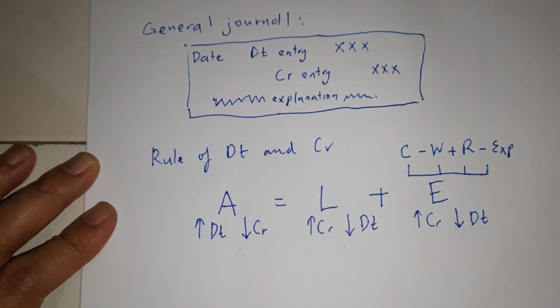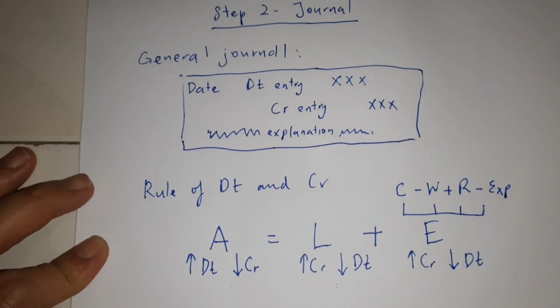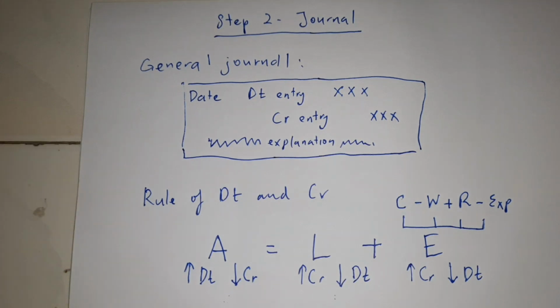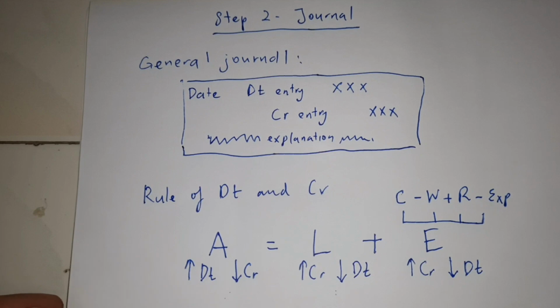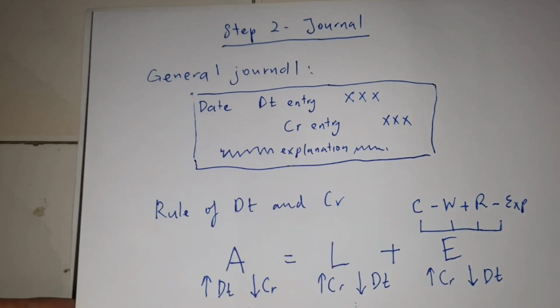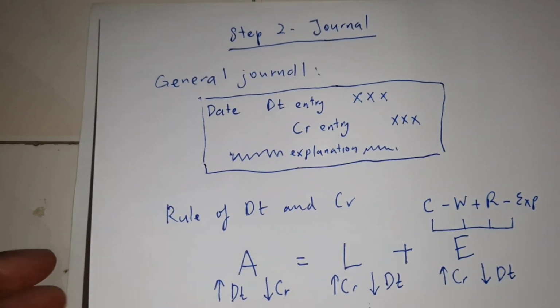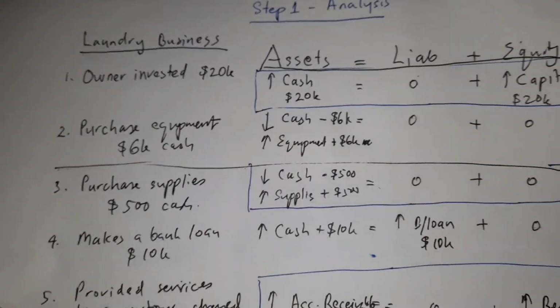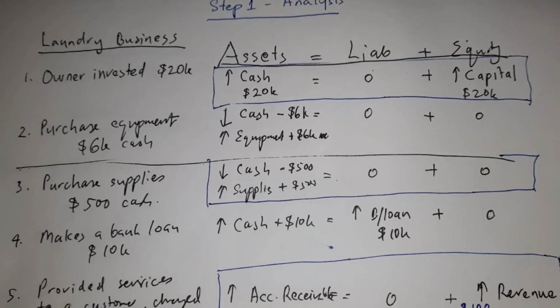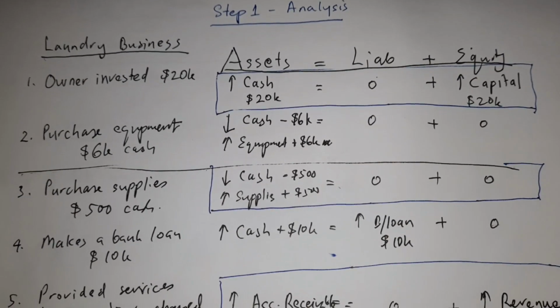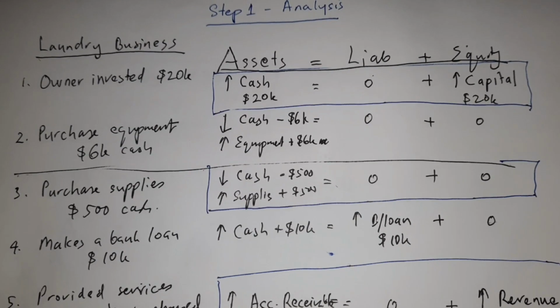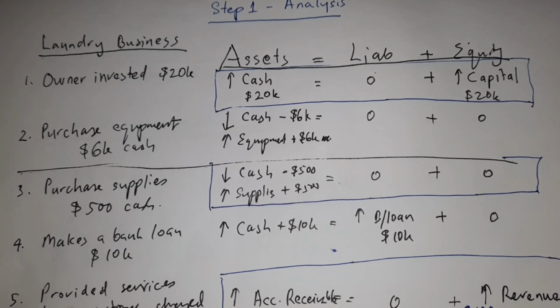Okay, so let's see how to do the general journal, or how to do the journal entries. I will continue with the step 1 that we have done in the previous video. Remember we have discussed a sample business, and the business is a laundry business.